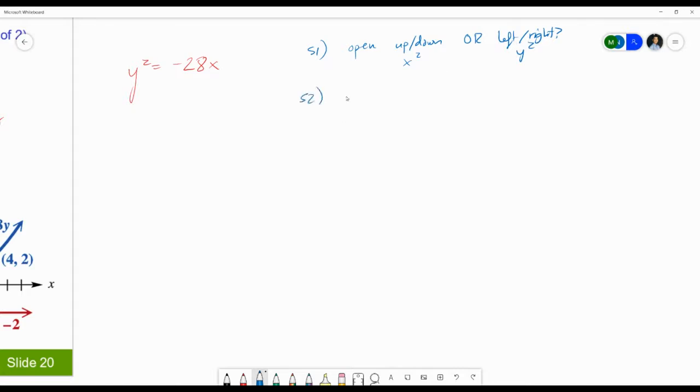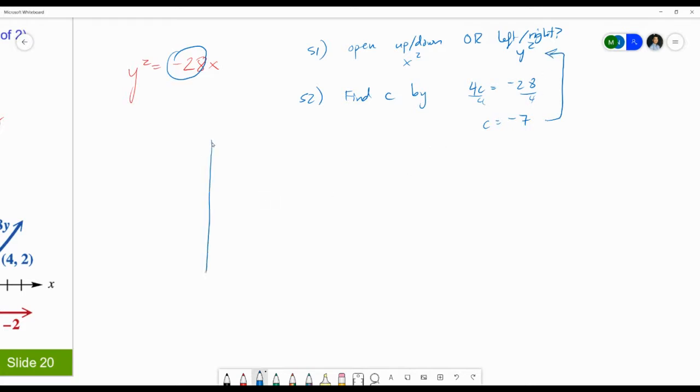Step 2, find C by setting 4C equal to the number here. Divide by 4, C is equal to -7. This C value is where the focal point is, but you cannot use it by itself in order to sketch it. You have to use it in conjunction with what you found in step 1.